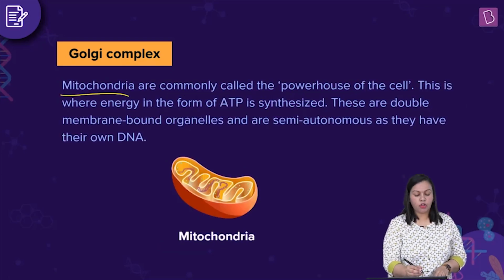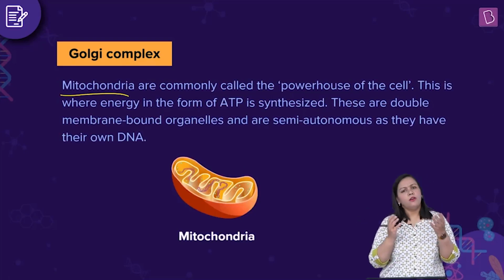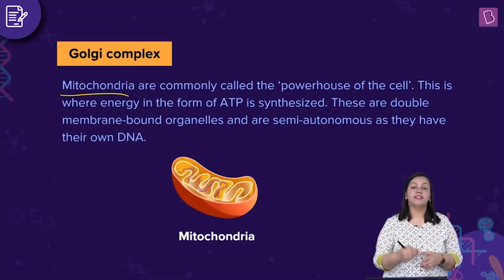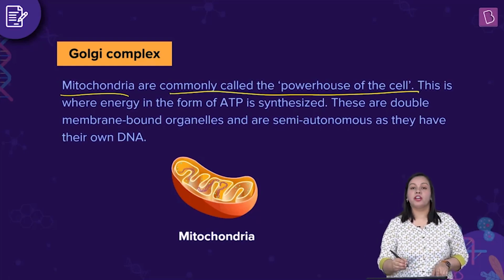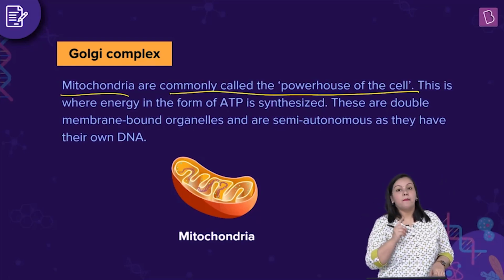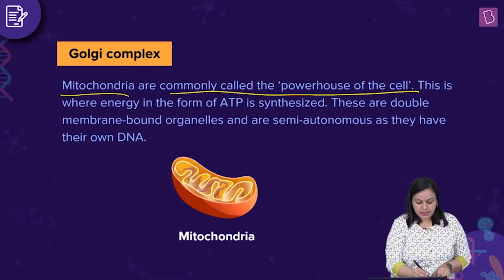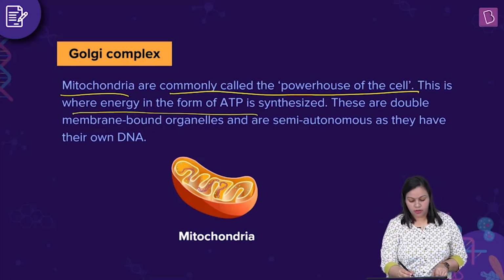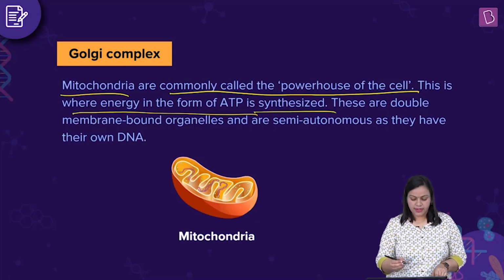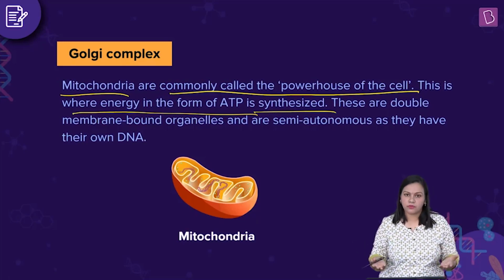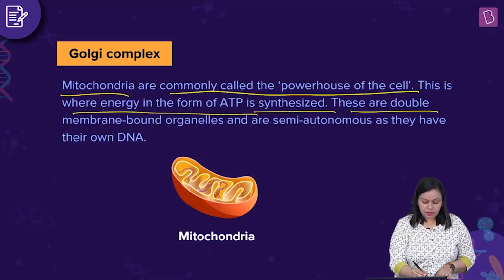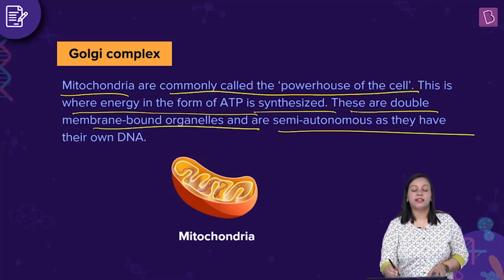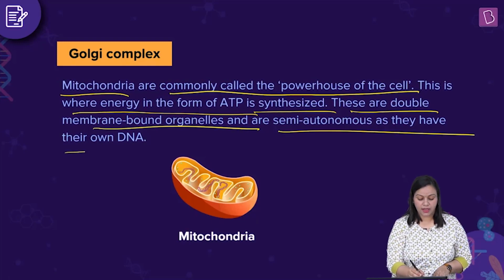And the remaining option was mitochondria. What is mitochondria? Mitochondria is a double membrane bound cell organelle which is responsible for energy production. Hence we call it the powerhouse of the cell. This is where energy is formed in the form of ATP. All right, ATP is adenosine triphosphate, which is the cellular form of energy, right? These are double membrane bound organelles, I already specified that, and are semi-autonomous as they have their own DNA.